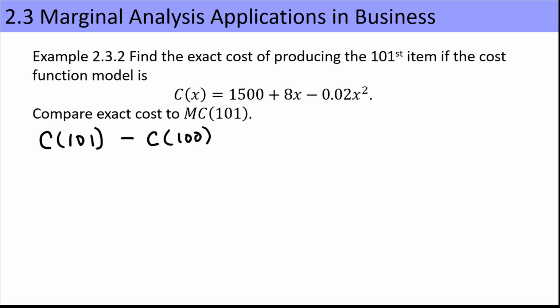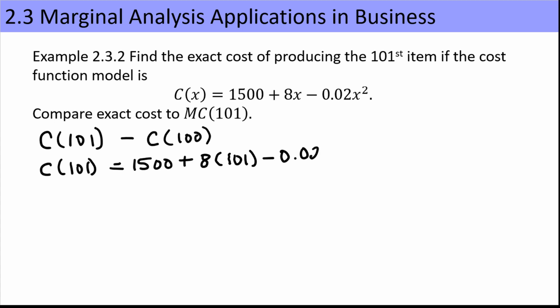So let's compute C at 101. That would be 1,500 plus 8 times 101 minus 0.02 times 101 squared. Use your calculator, compute the output, and you'll get, accurate to 2 decimal places, 2,103.98. Do the same thing for C at 100.